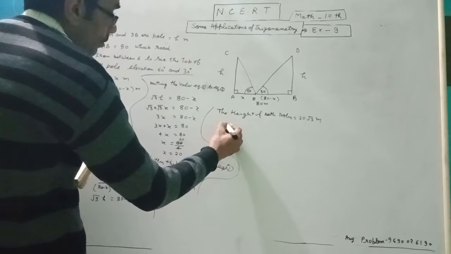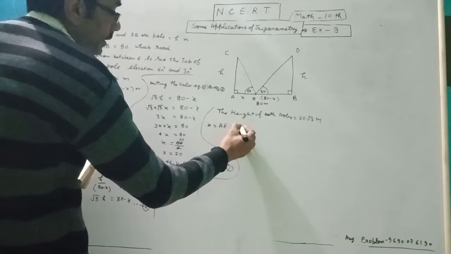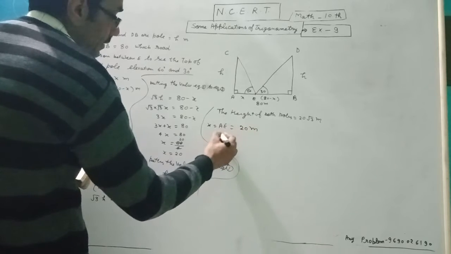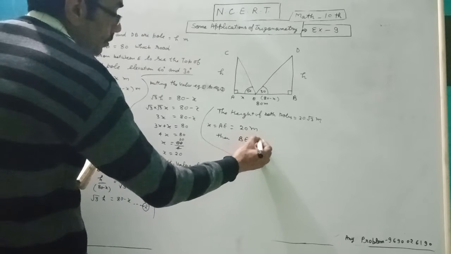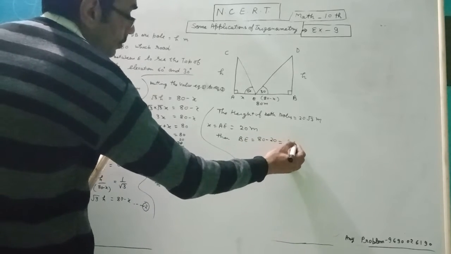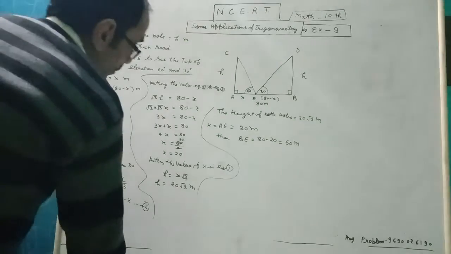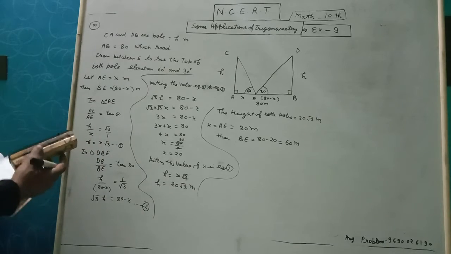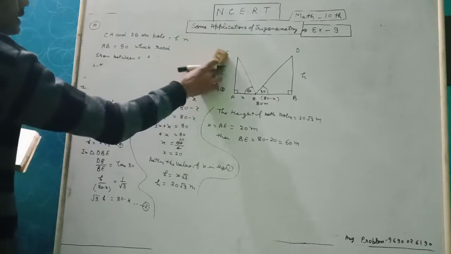A means x is equal to 20 meter. Then B is equal to 80 minus 20 is equal to 60 meter. So E's point location is 20 from A and 60 from B. Question number 10 is complete.